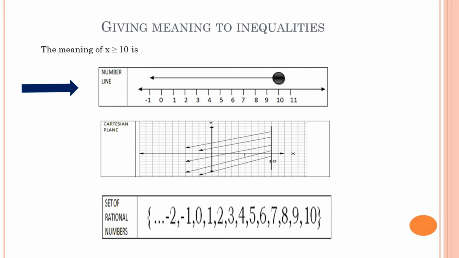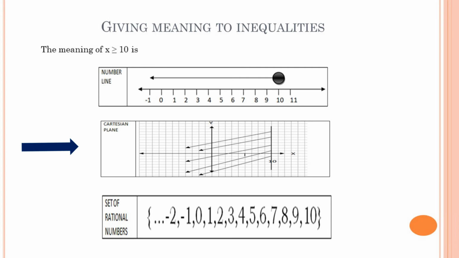However, in this case, when x is less than or equal to 10, you would notice the indicator is shaded, meaning that 10 is included. The arrow goes from 10, 9, 8, which are less than 10, towards negative infinity.